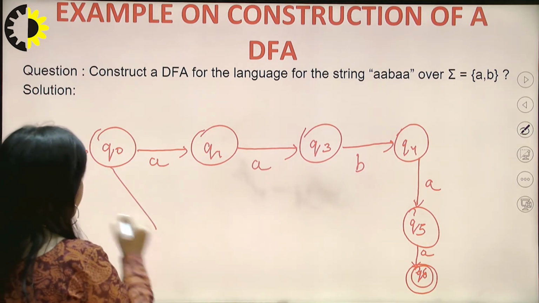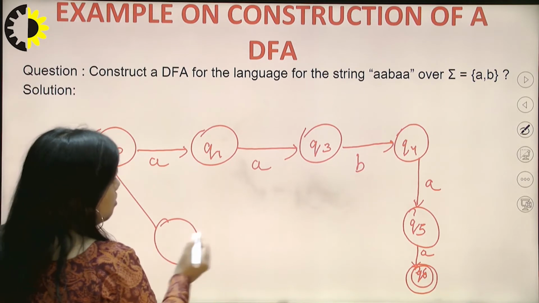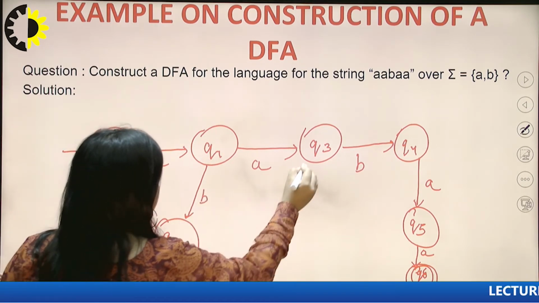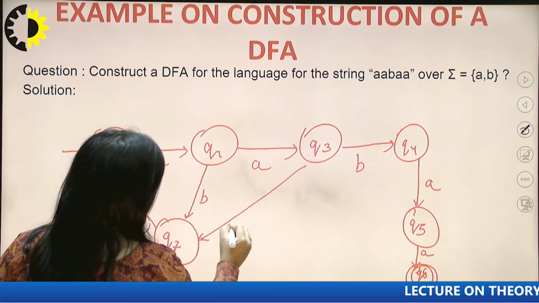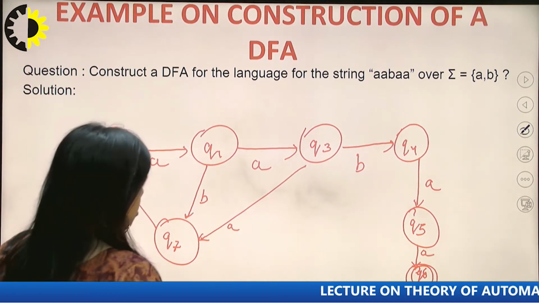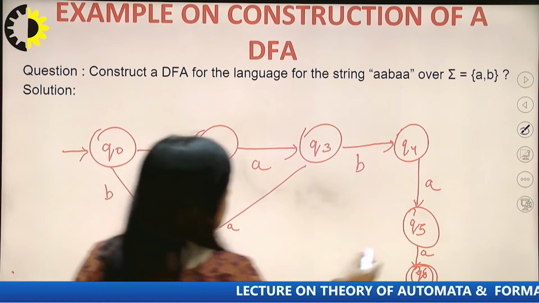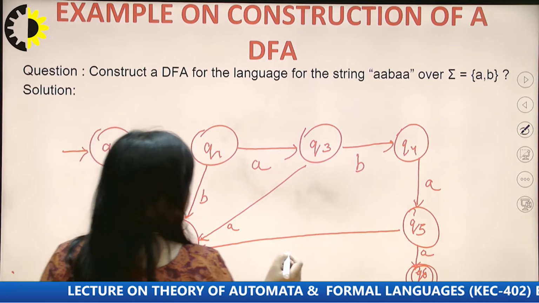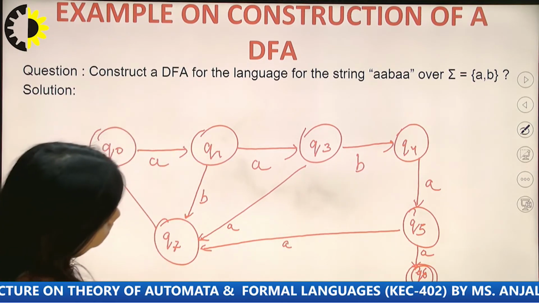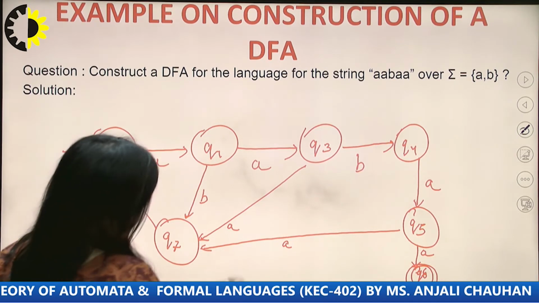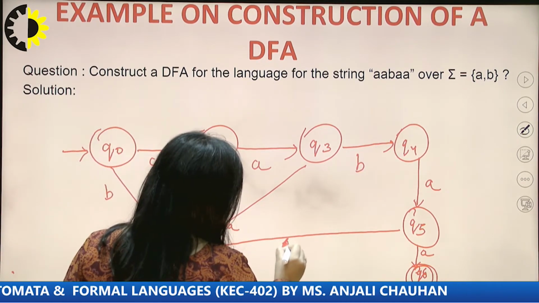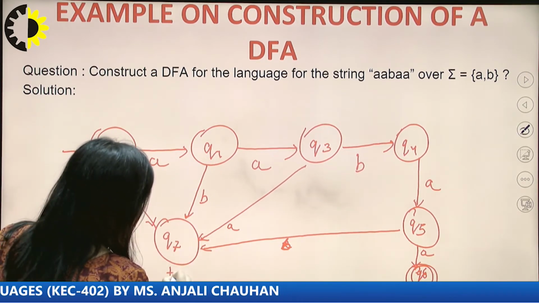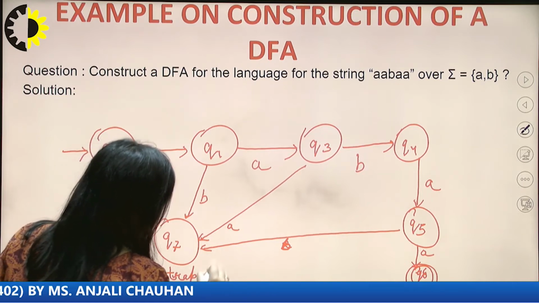So if I go about B, Q7, this is also giving B, this is giving A, and similarly this will produce A, and this will produce B. Now this is the trap state.